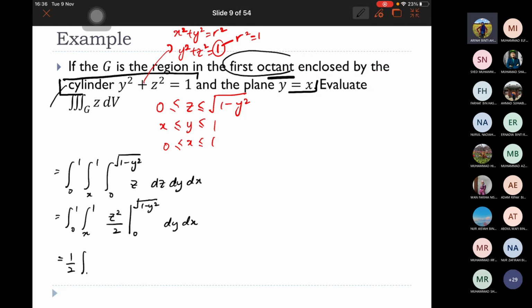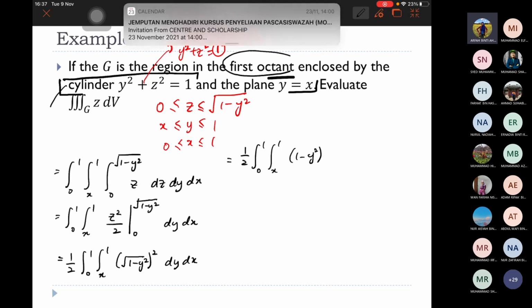Sama dengan 1 per 2 integrate 0 sampai 1, x sampai 1, punca kuasa 2 bagi 1 tolak y kuasa 2, z tu gantikan dengan kuasa 2. Okay. dy dx. So it will become 1 per 2 integration 0 sampai 1, x sampai 1, punca kuasa 2 dikuasakan dengan 2, so dia jadi 1 tolak y kuasa 2. Okay.